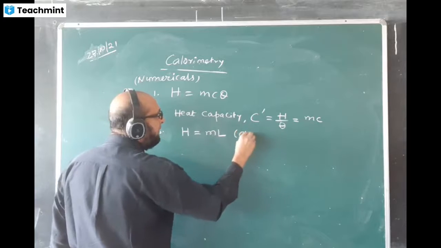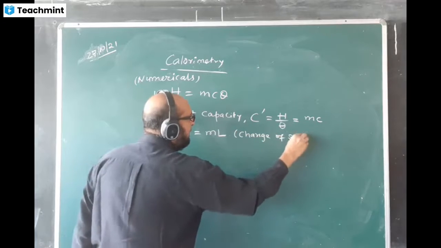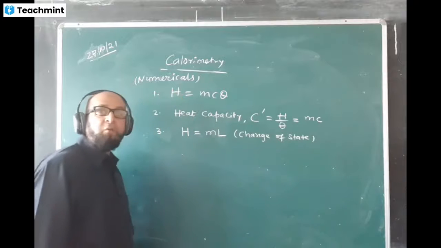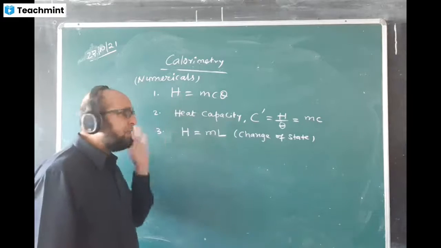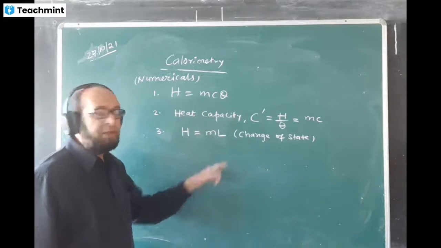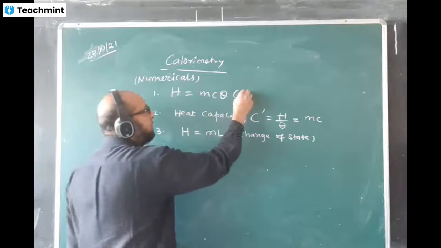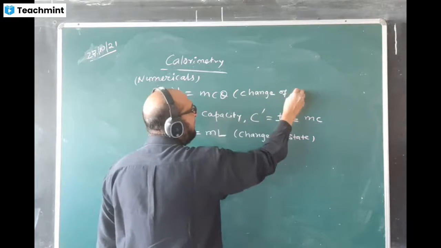This formula will apply when there is a change of state. When water is changing into ice, or ice is changing into water, or water is changing into steam, at the time of change of state only this formula will be used. L stands for specific latent heat. And the other formula we use when there is a change of temperature, whereas the state is not changing.